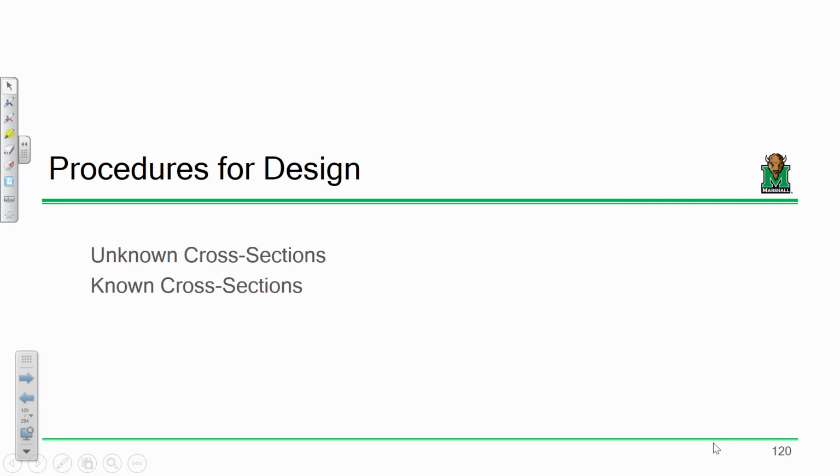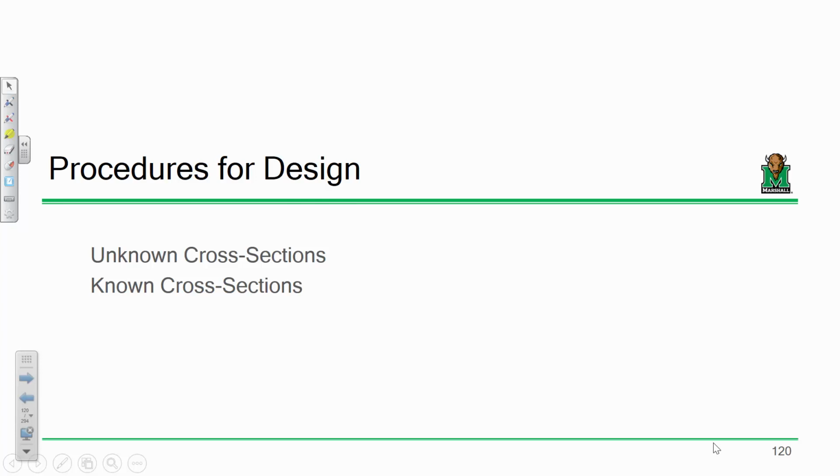All right. So what we're going to do is outline the procedures for design. Now, this slide has two types of designs. We have unknown cross-sections and we have known cross-sections. What is the difference? Well, an unknown cross-section is when you are starting from absolute scratch.